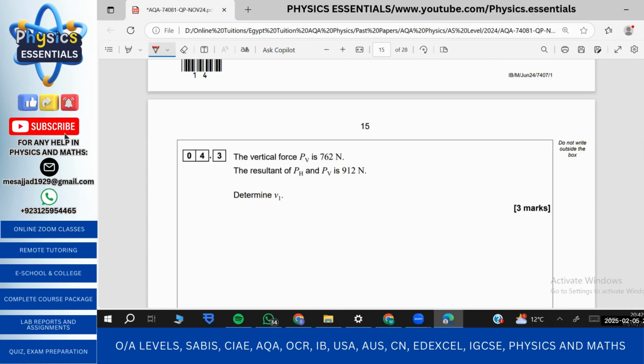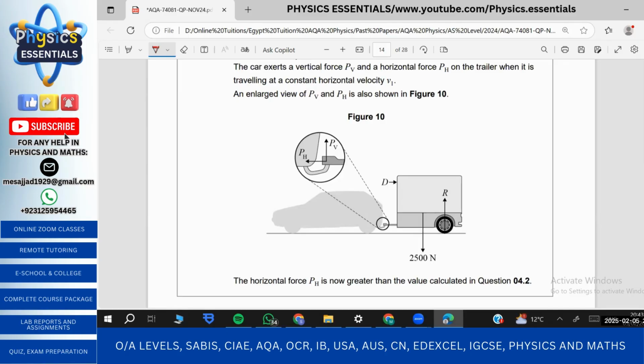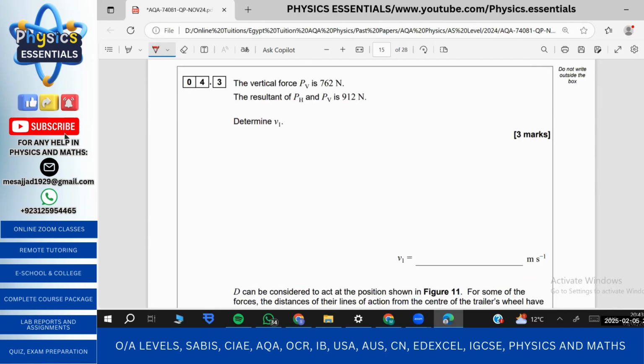So first of all, if you take a look at this diagram, we have a force PH and PV, and PH is actually acting like this. We need to use the head to tail rule. So this is PH and this is PV, and the resultant force is this one. So resultant is 912 newtons and PV is 762 newtons. And this is what we need to find now.